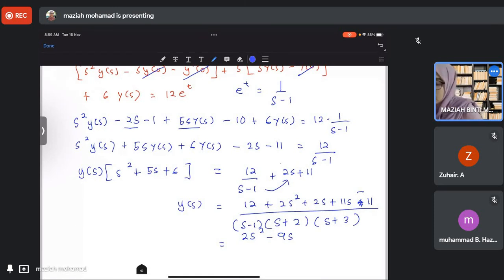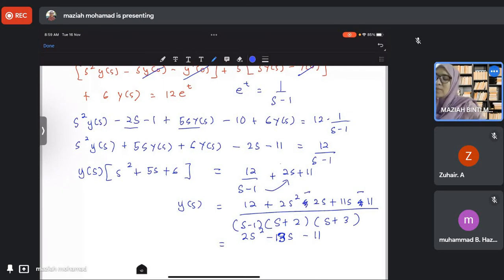Okay, so therefore you're going to have 13S. Cuba bagi kat atas ni. Minus 11. Dua S square. Tolak 2S ni. 2S tu.